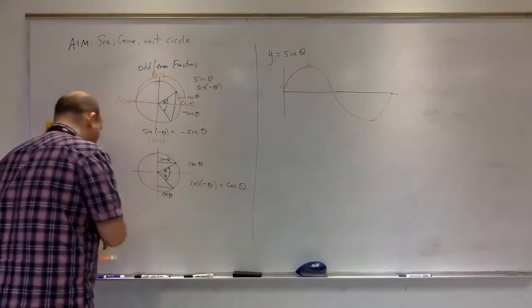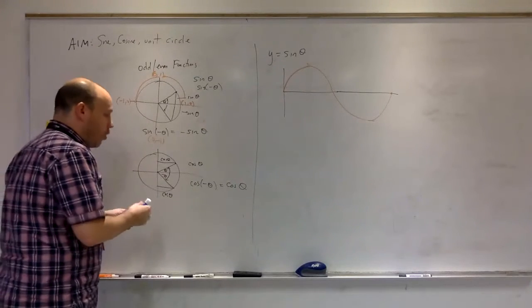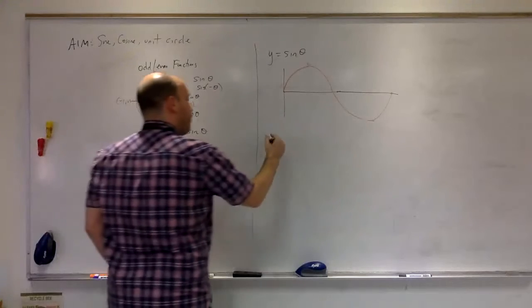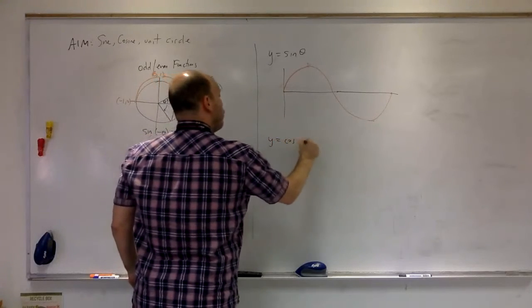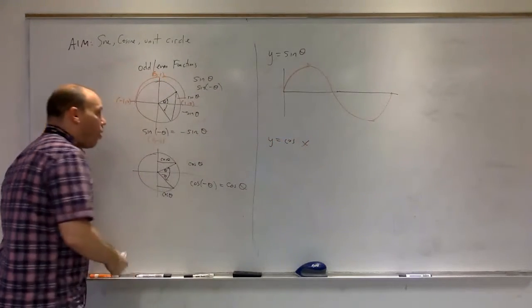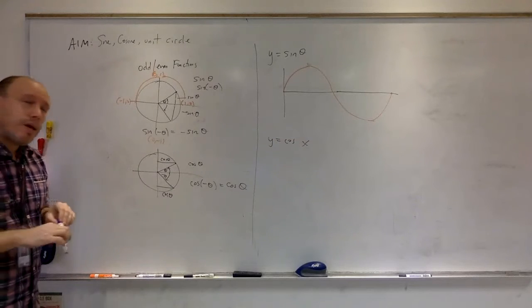What's going on with cosine? Well, let's do cosine in blue. We can do cosine on the same graph if we want. Cosine is the distance from the y-axis.